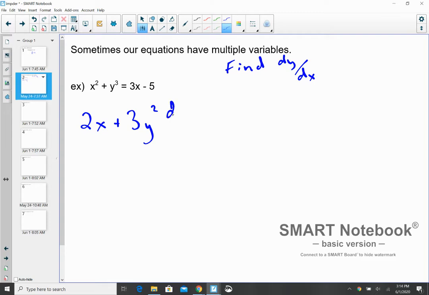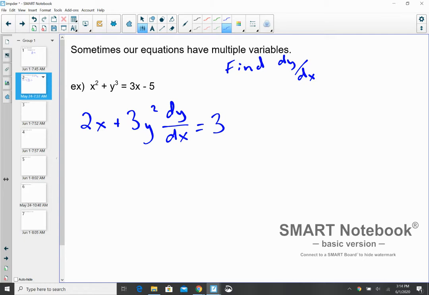So what I have to do is throw a dy over dx here whenever you take the derivative of a y piece, to let you know, hey, this is implicit differentiation, and that everything else is done with respect to x, but this is a y piece. Continuing, the derivative of 3x becomes 3, and the derivative of minus 5 goes to 0.